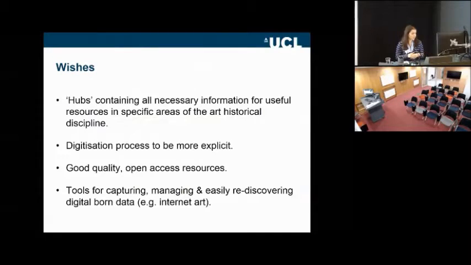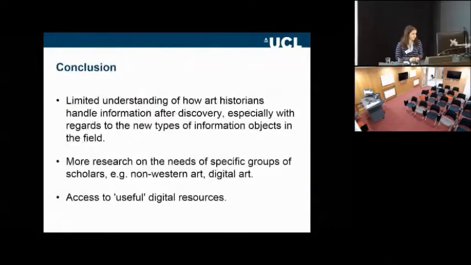And they wish for good quality and open access resources, as well as for tools for working with the information, especially with digital born data, which are hard to capture and manage.